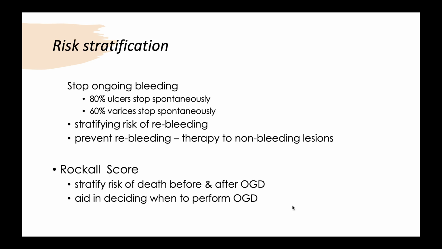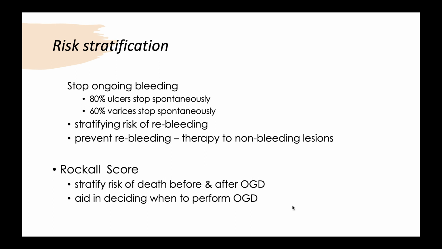Okay, so in terms of risk stratification of whether the patient needs to go straight to endoscopy or undergo purely medical management, the main thing we would look at is something called a Rockall score, which I'll go into a bit further.